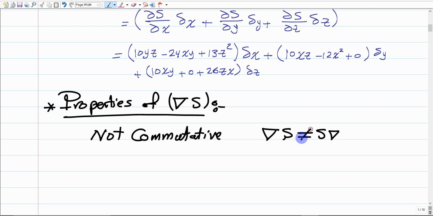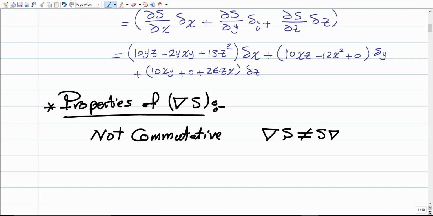This is not equal to this one. If they were equal, we would say this is a commutative operation, but this operation is not commutative. It means that nabla S is not equal to S nabla. If you switch, you end up with a different vector.